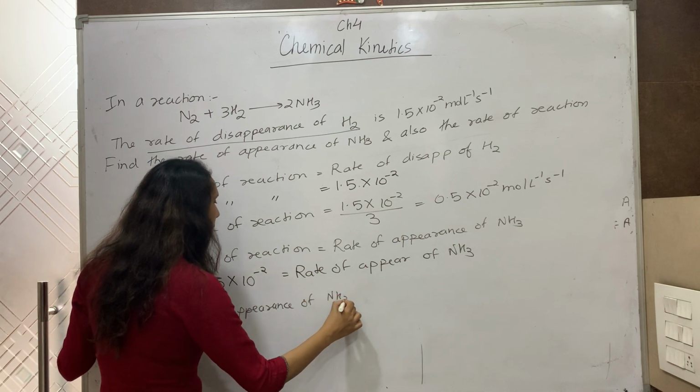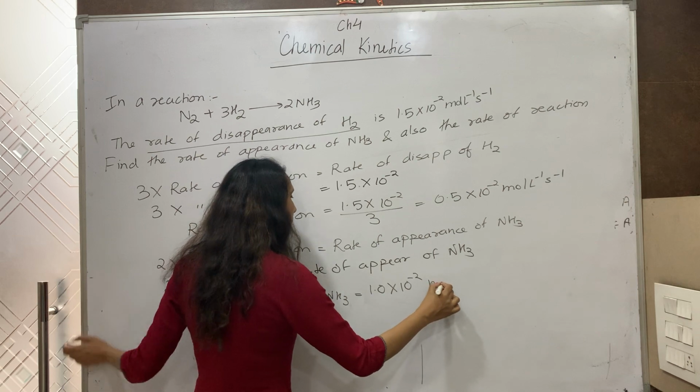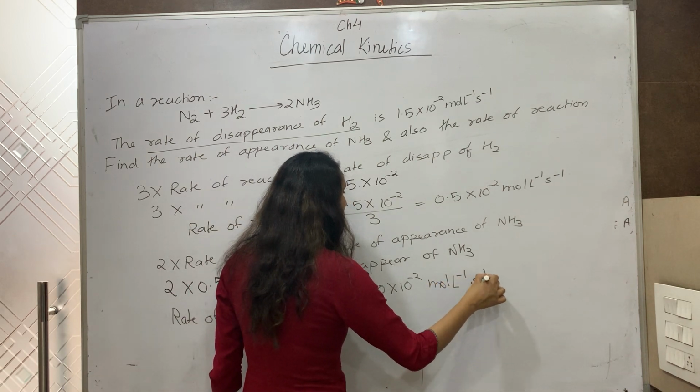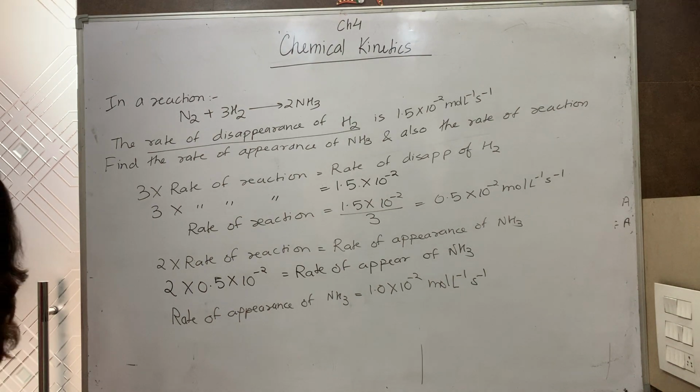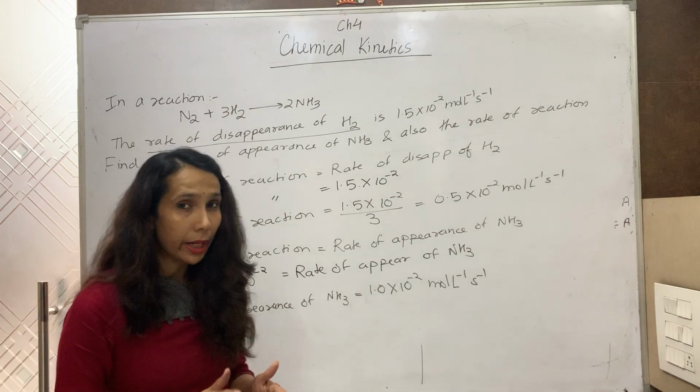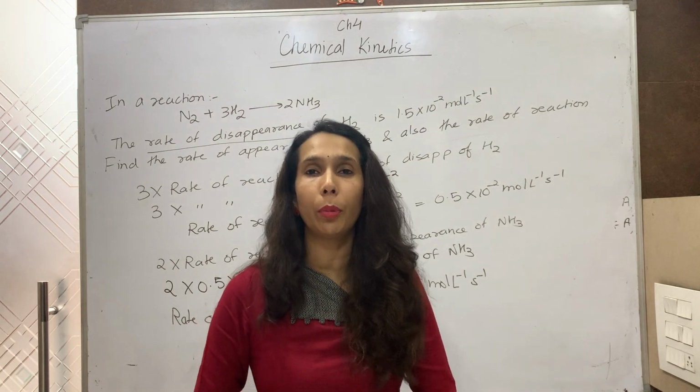It is equal to 1.0 into 10 to the power minus 2 mole per liter per second. So this is how we relate the rate of reaction and rate of appearance or disappearance of a particular reactant or product.